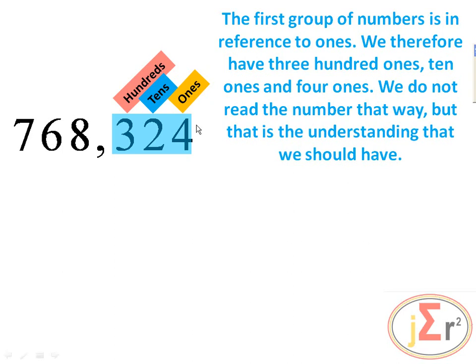So in this group, this is the ones group, but we don't say 300 ones, because 300 or any number that we have multiplied by 1 is the same number. So 300 ones is the same as 300. 10 ones is the same as 10. And 4 ones is the same as 4.